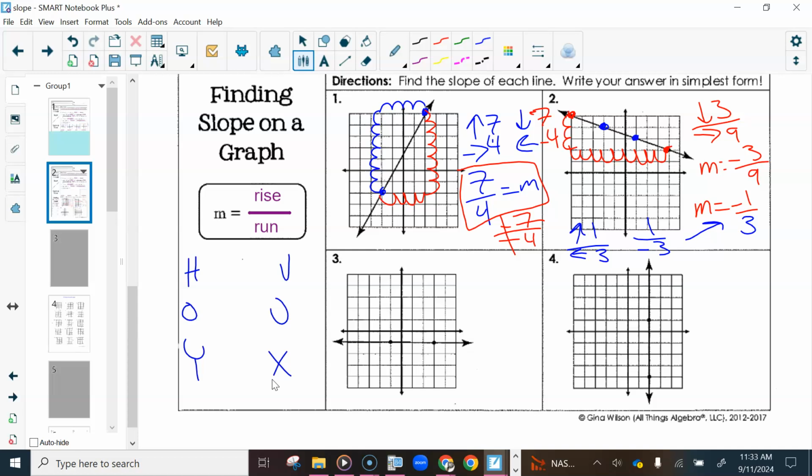So that stands for horizontal lines have zero slope and are y equals. And then the opposite, vertical lines have undefined slope and are x equals.